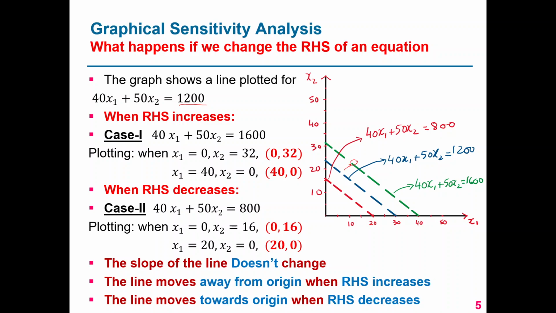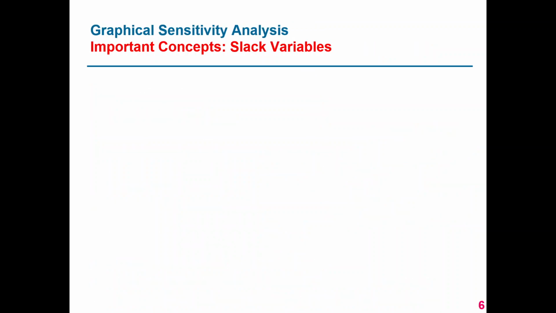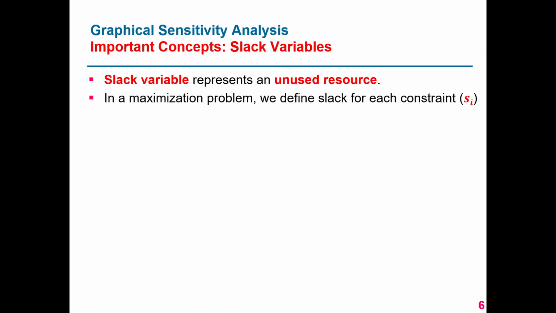Now, having understood this, let's move to the second point, the concept of slack variables. Slack variables are basically unused resources. In a maximization problem, we define a slack variable for each constraint, and we denote them with Si. S is for slack, and i represents the number of the constraint. Let's say in our problem the first constraint was a labor constraint.